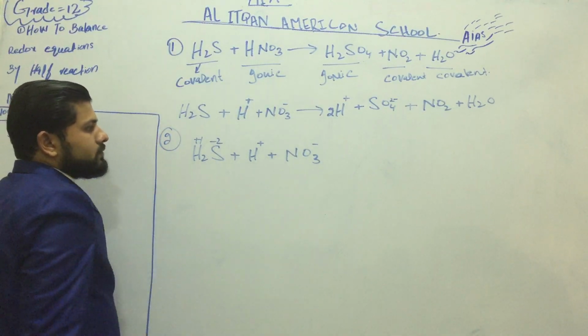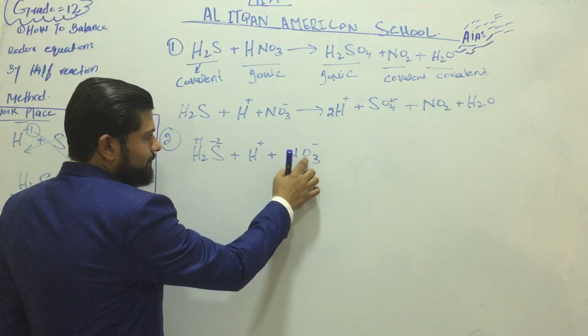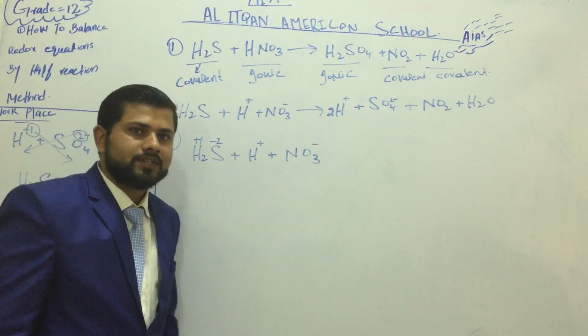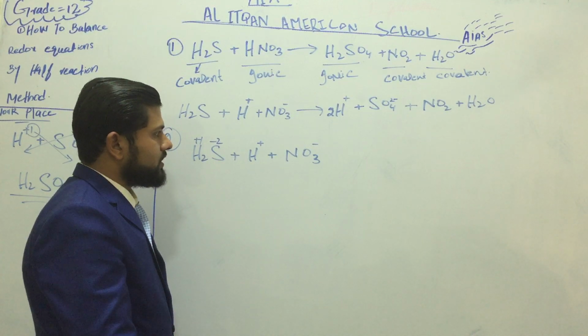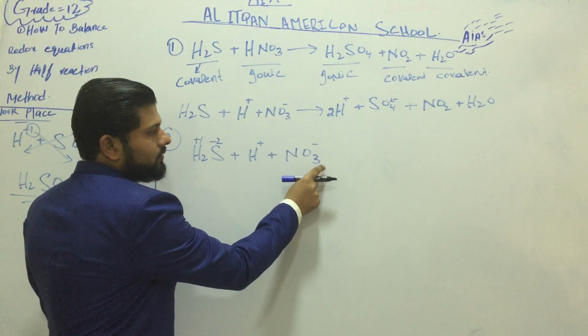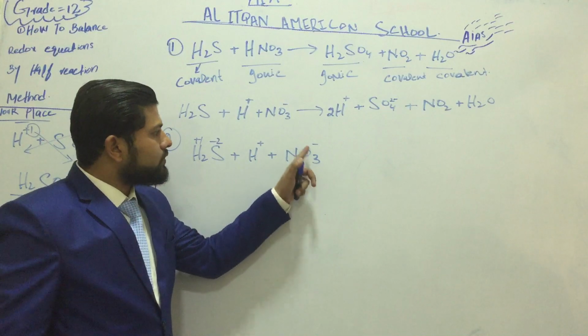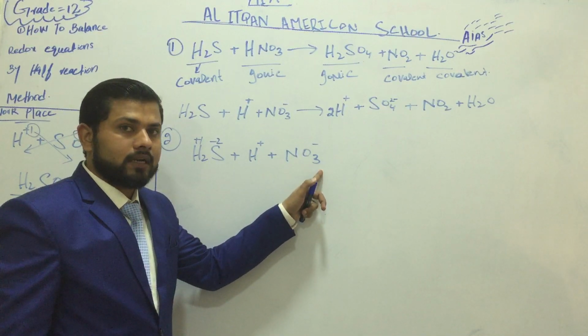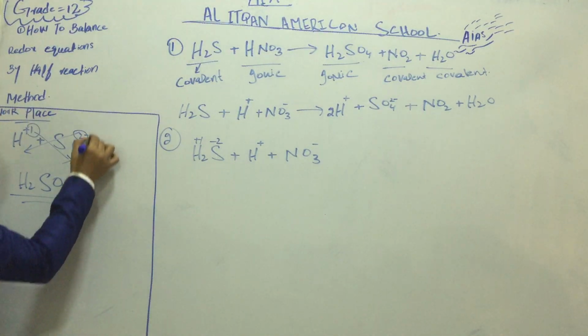When it comes to finding their oxidation states, oxygen is in group number 16, so the oxidation state of oxygen is -2. -2 times 3. Why 3? Because there are 3 atoms of oxygen. So -2 times 3 is -6, right?